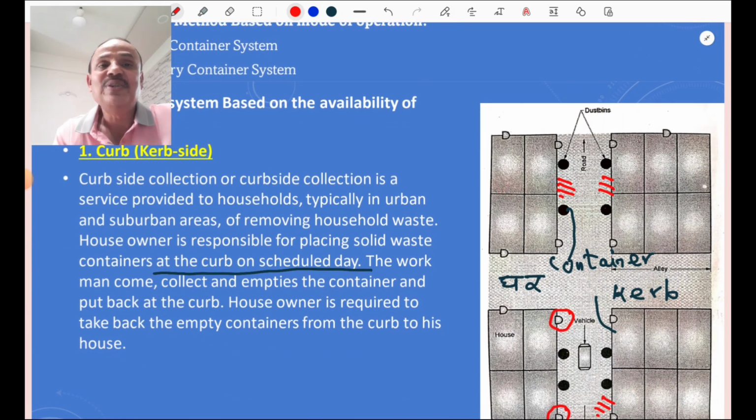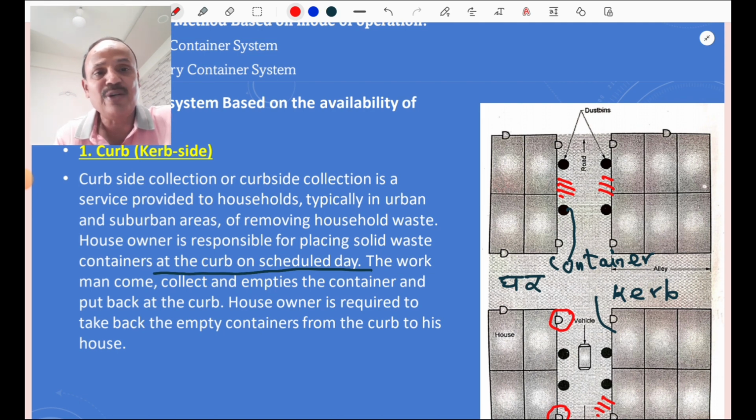Curbside collection is a service provided to the households typically in urban and suburban areas, means it is in district place or taluka or block places of removing household waste. Containers are placed at the curb on a scheduled day. The workman come, collect and empty the container and put it back at the curb.